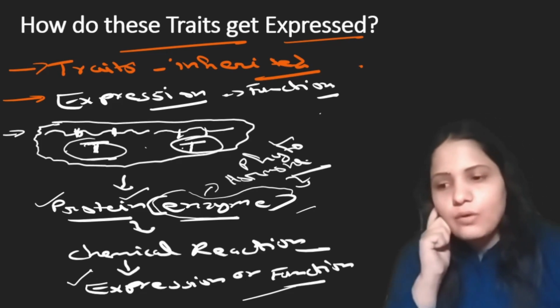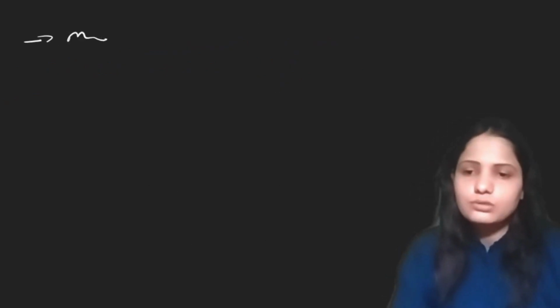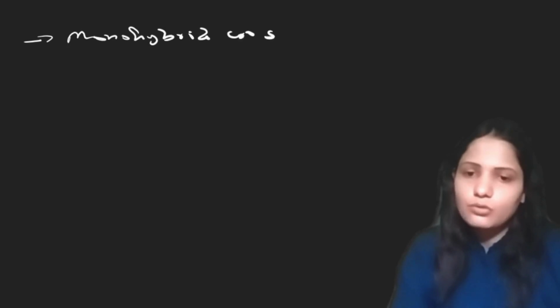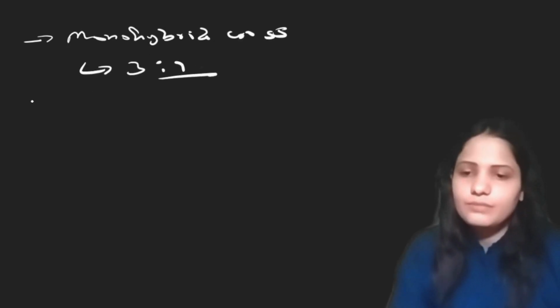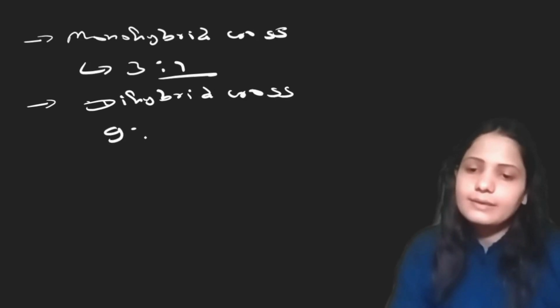For the monohybrid cross we have the ratio of 3:1. This is the phenotypic ratio. And in the case of the dihybrid cross we have a ratio of 9:3:3:1.